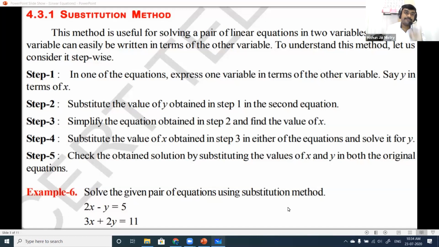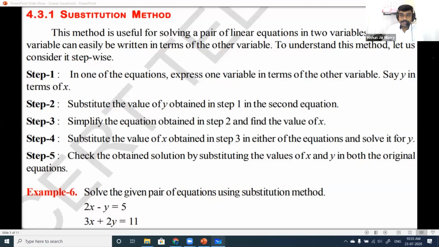In the place of the mathematics teacher, some other teacher is substituted. So that's called substitution, that means placing something in the place of another thing. So how is this method going to help us?